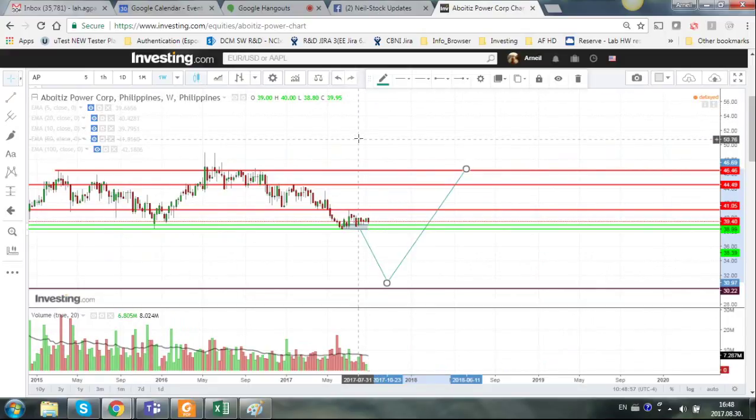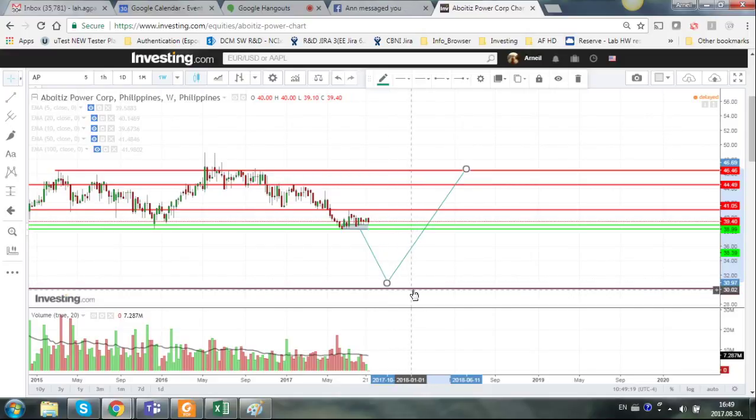At depende rin kung which industry the company belongs. And the risk of your risk appetite, na okay lang sa'yo na bumaba yung price, hindi mo pa naman gagamitin yung pera for a long period of time.